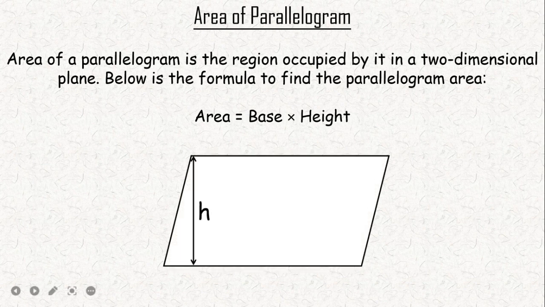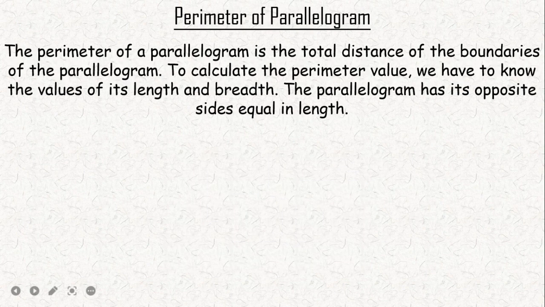Here this is height and this is base. If we cut the triangle according to this arrow mark and keep it on the other side, we get a rectangle, which becomes length into breadth. Instead of that, we just take height into base. That's the area of parallelogram.